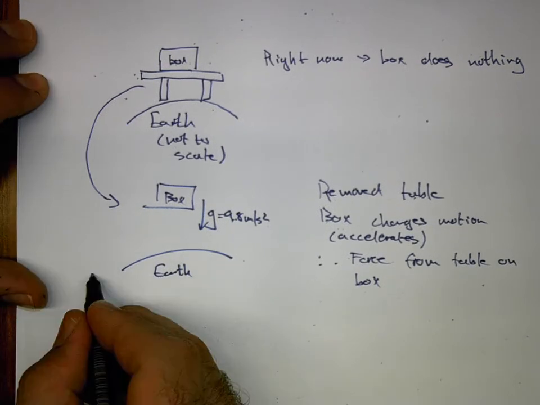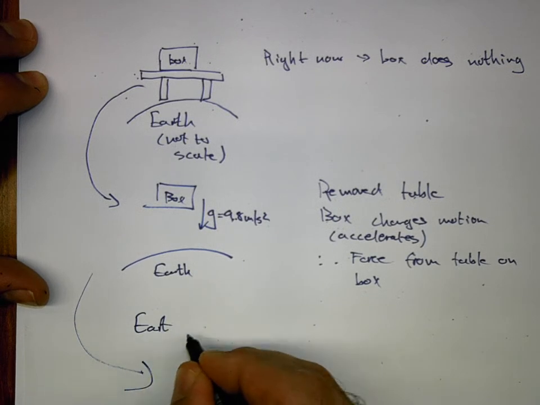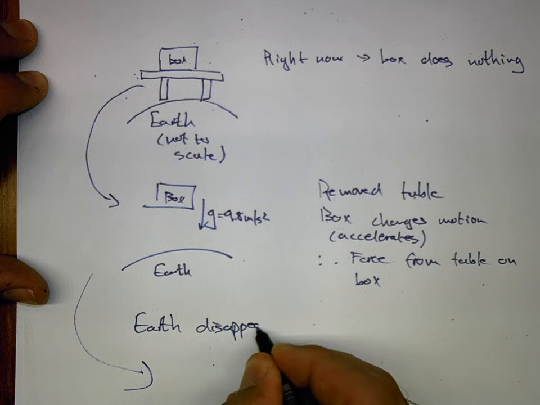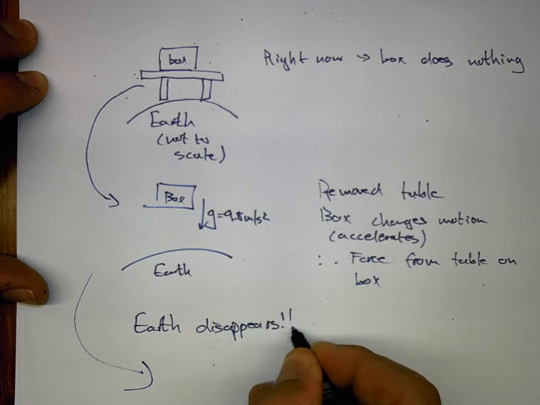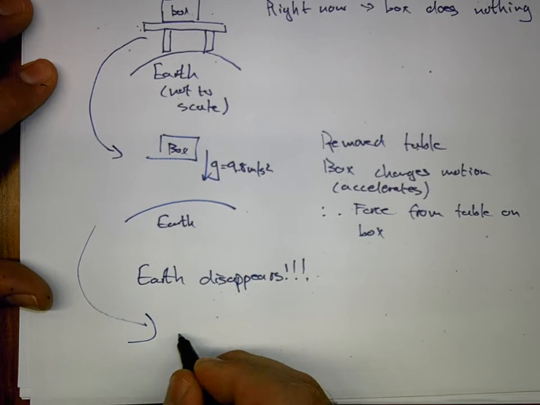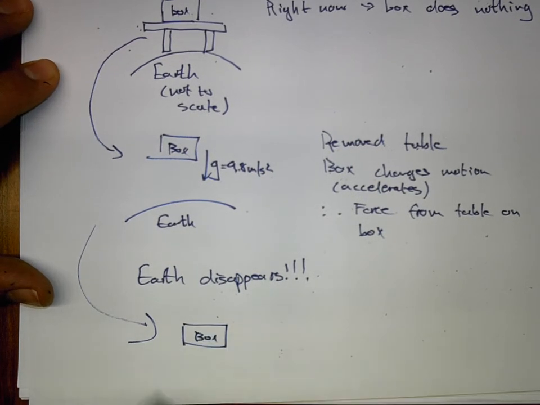If we now take away the earth, so the earth suddenly disappears, which should leave you all quite feeling uncomfortable. We've just got the box over here and it just drifts in space.